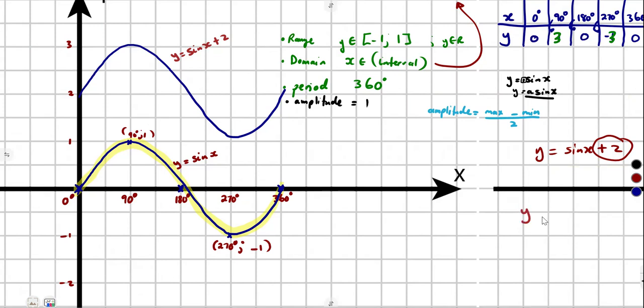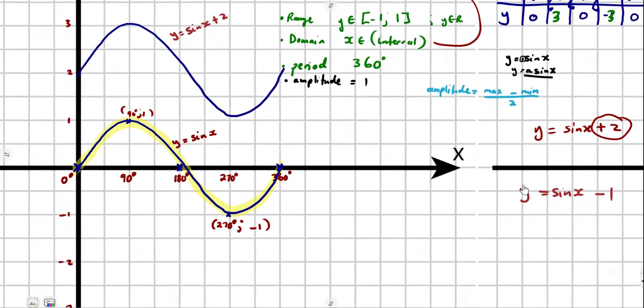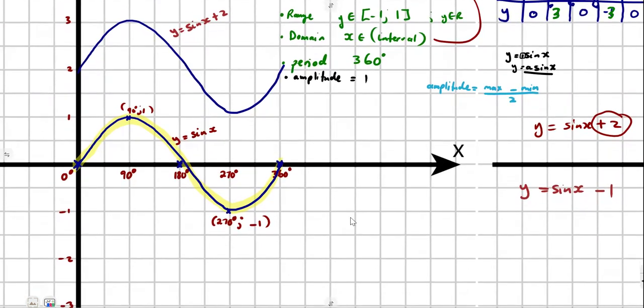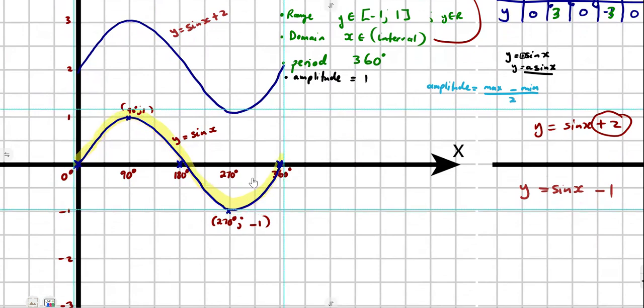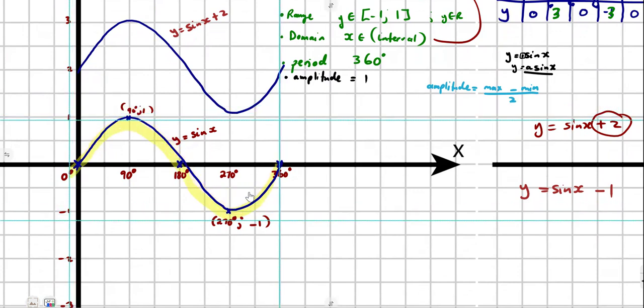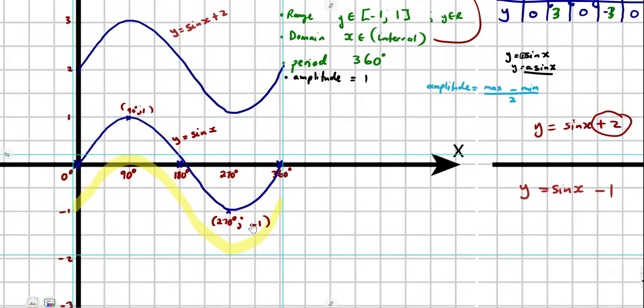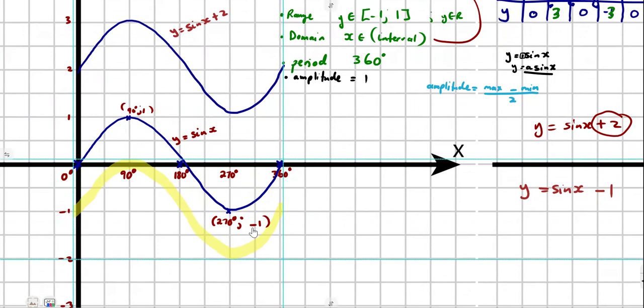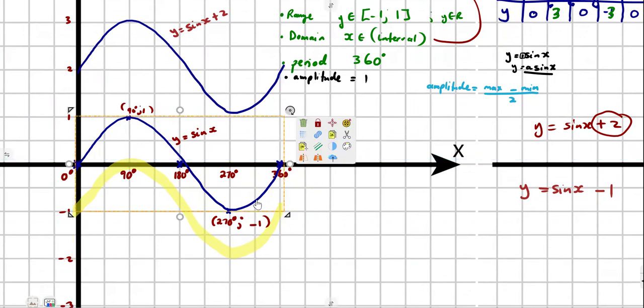If we had a negative, y is equal to the sine of x minus 1, it means this graph is supposed to be going down. The graph of sine, the original graph, going down 1 unit. Just like that.